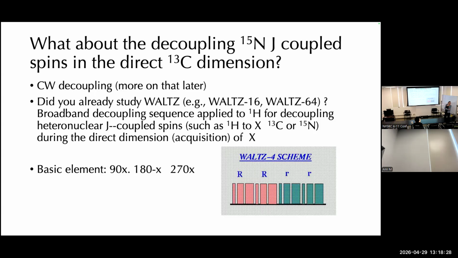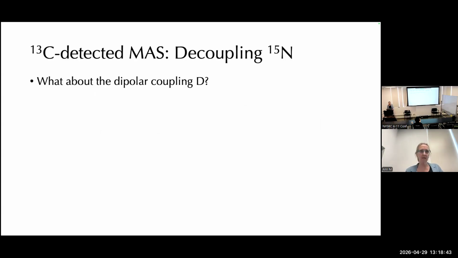So you're going to irradiate, in this case, in my example, the nitrogen while you're detecting the carbon. And it's a composite pulse that does a better job than CW. We can go back and talk about it. I never really did prepare this. I thought it was just going to be a flashback from another lecture. Maybe we'll talk about it before the class actually ends.